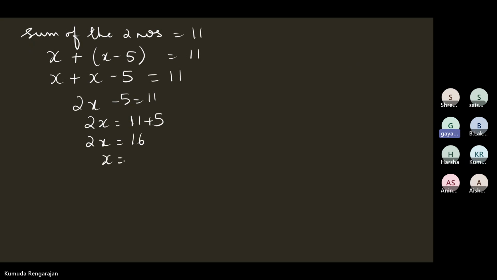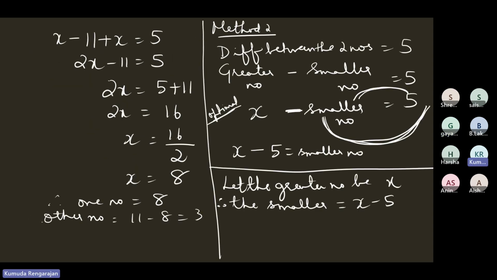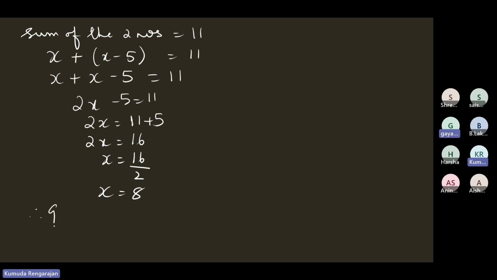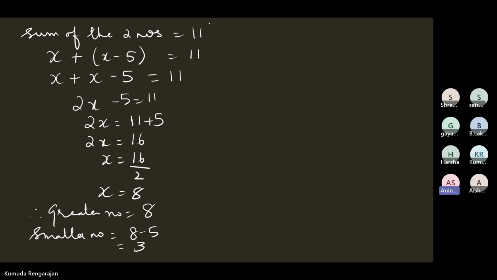X is equal to 16 upon 2, so x is equal to 8. And what is x for us? It's the greater number. And the smaller number is x minus 5. Therefore, greater number is equal to 8. Smaller number is equal to 8 minus 5, which is 3. Very good.